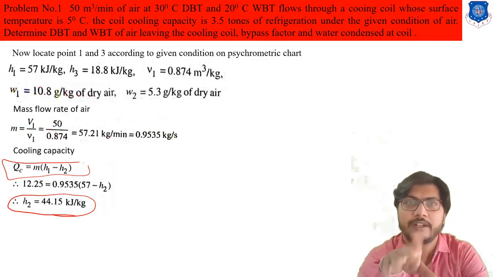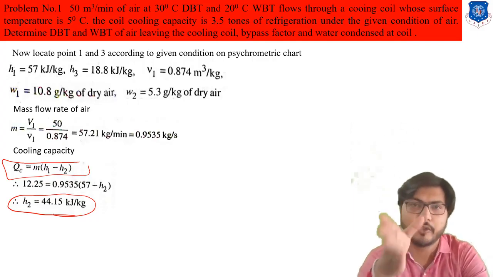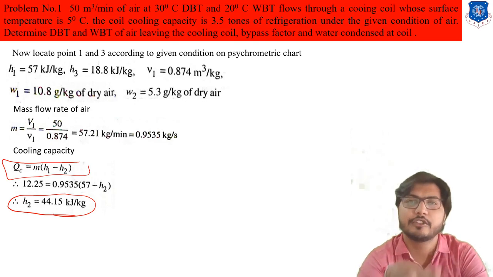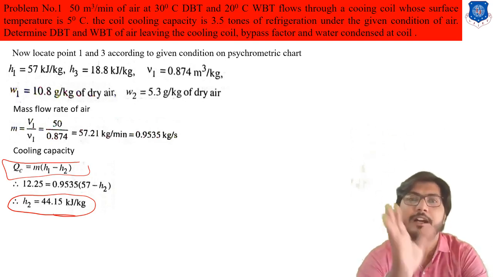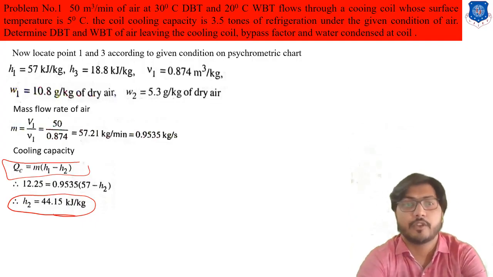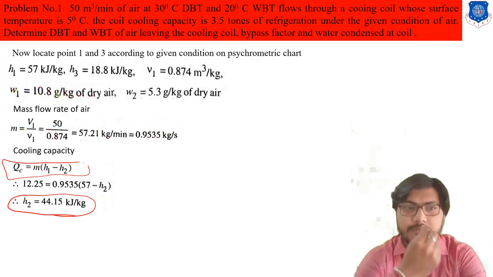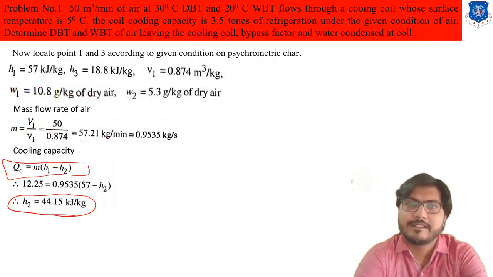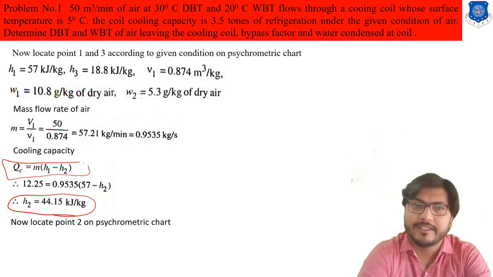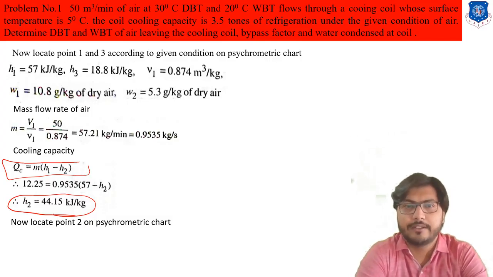That's why we first calculate one data item related to point 2, using the cooling coil capacity, which is the amount of heat removed from the air. So QC equals m times H1 minus H2, we put in all the data and calculate H2, which is 44.45. Now locate point 2 on the psychrometric chart. Point 1 and point 3 we have already located.